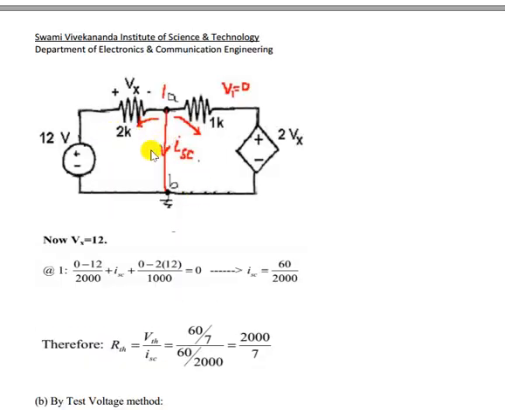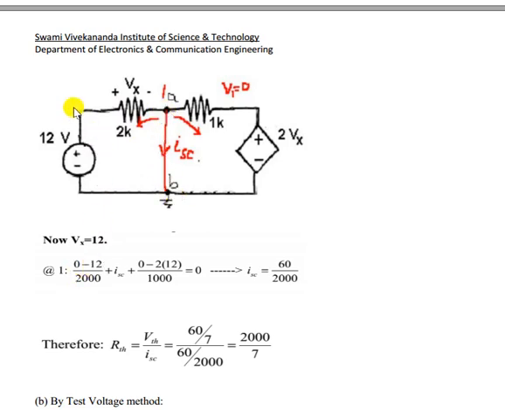So now we can write KVL. Across this loop, minus 12 equal to Vx plus Vx equal to 0 across these two. That means Vx equal to 12 volt. Okay. Now writing the KCL at node 1, this is short circuited. That means this 0 ground is nothing but this point.